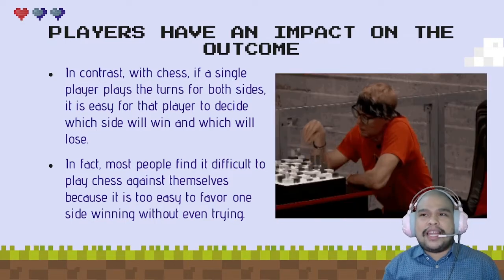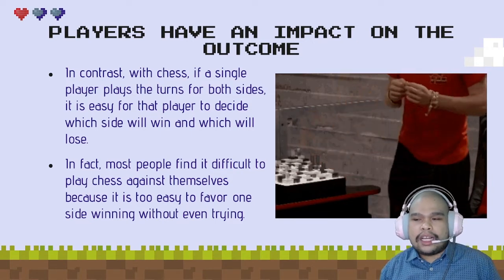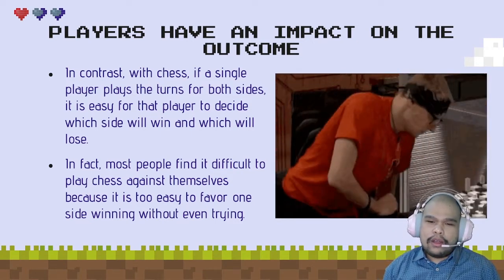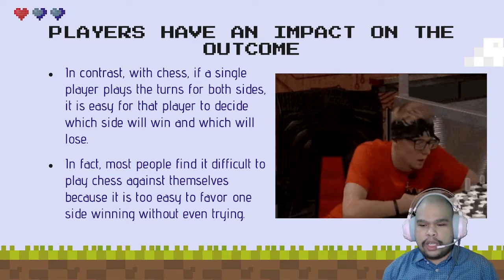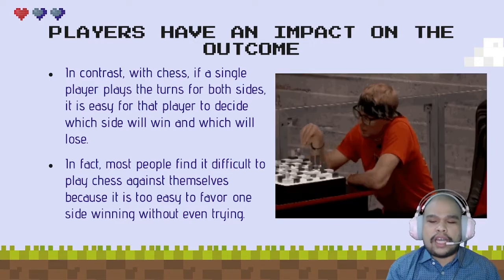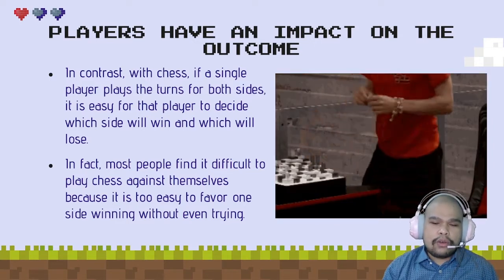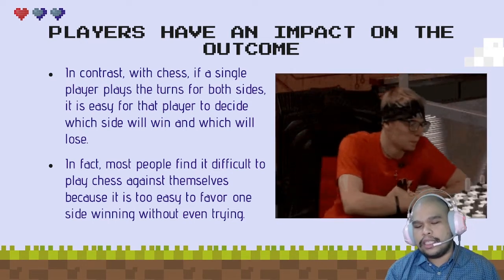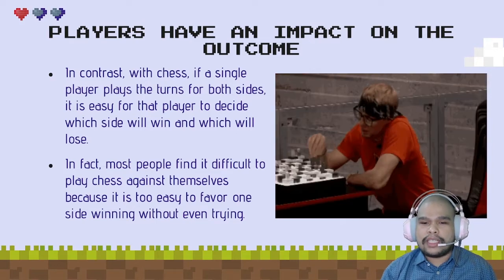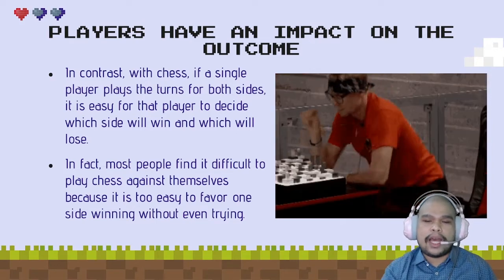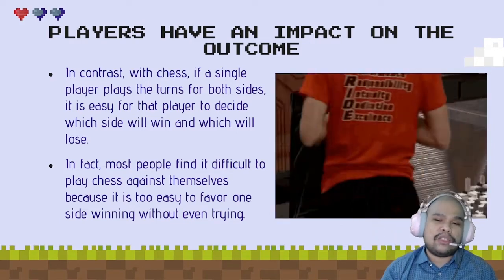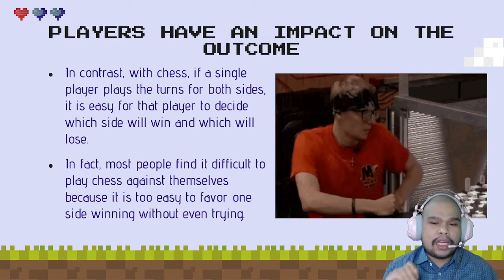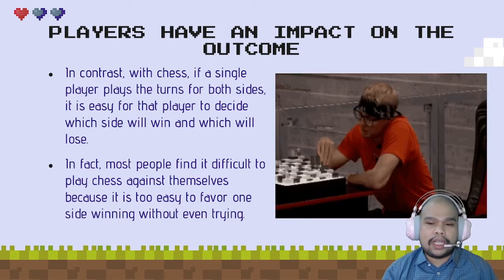The difference in mechanics is in chess, walang luck na involved. We're dependent more on the skills. So, ibig sabihin, kung mas magaling yung isa, siya yung mananalo, di ba? So, in this particular scenario, kung isang player lang yung naglalaro ng chess, pwede siya maging bias doon sa isa. Pwede niya ipakain lahat ng chess pieces sa kabila para matapos yung game and para manalo siya. So, merong impact yung player in this type of game as compared dun sa kanina.